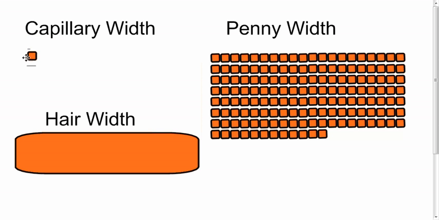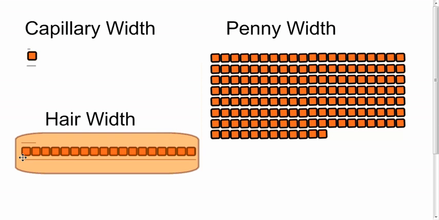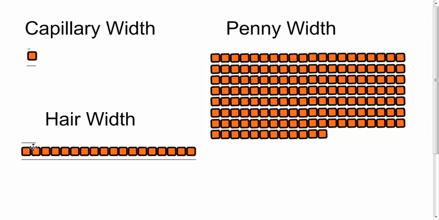It's between that long to that long. This is how wide human hairs are. That wide to that wide. And this is how wide the pennies would be if I put all those boxes together. This is wild. Look how much wider these things are than each other. No wonder we have so many capillaries in our body, because they're so small.